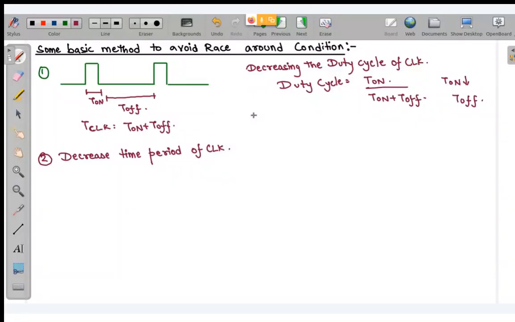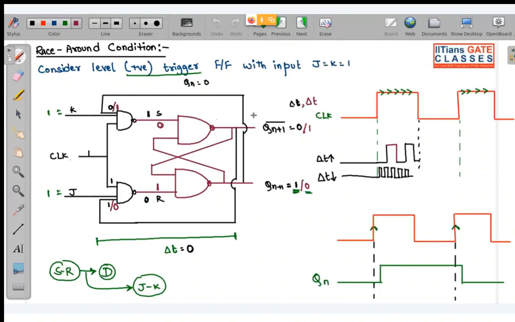But tell me, is decreasing the time period of clock a feasible option? It is not feasible. Why? Because then the clock frequency will increase.